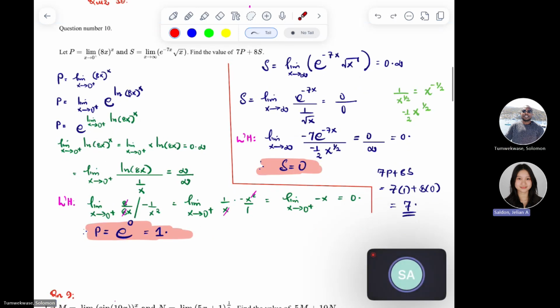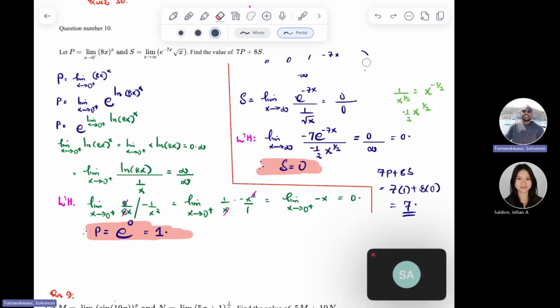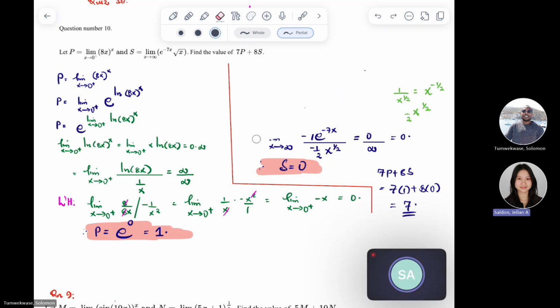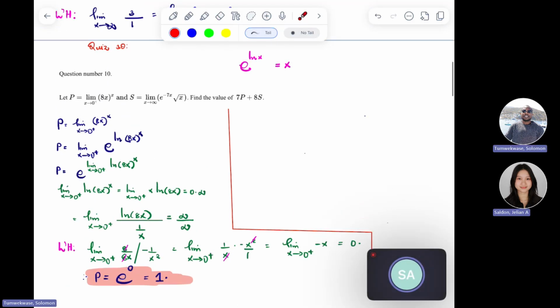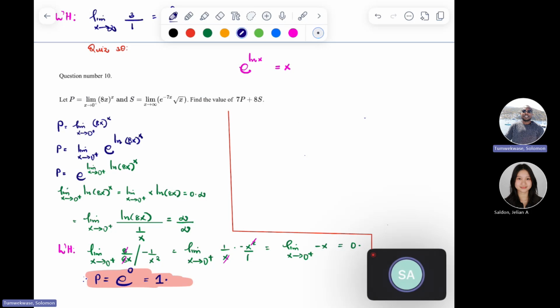Okay, thank you. Okay, so let's rub off this S. Okay, so S, we need to calculate this limit as x approaches infinity of e to the negative 7x, then times square root of x.